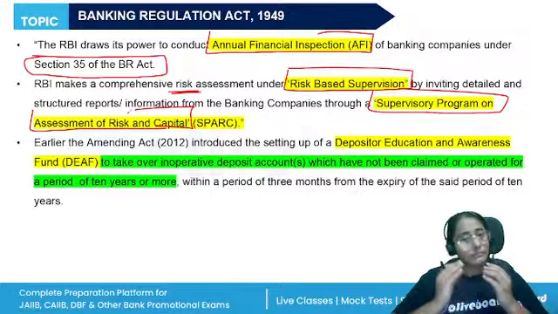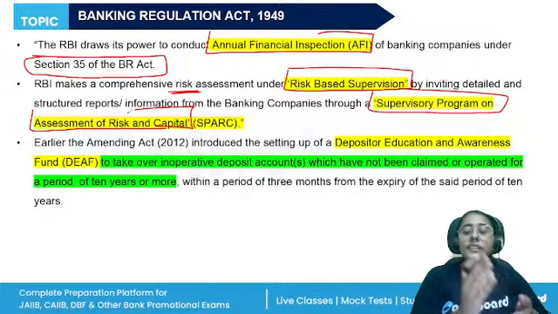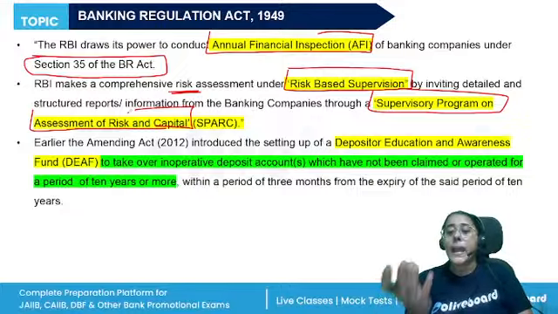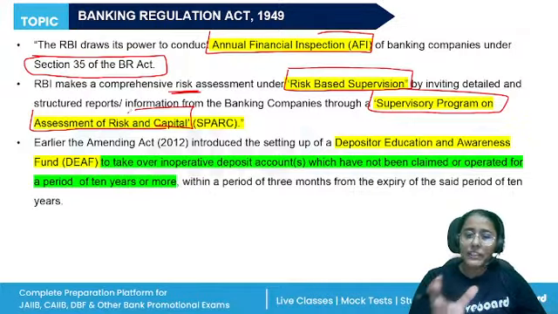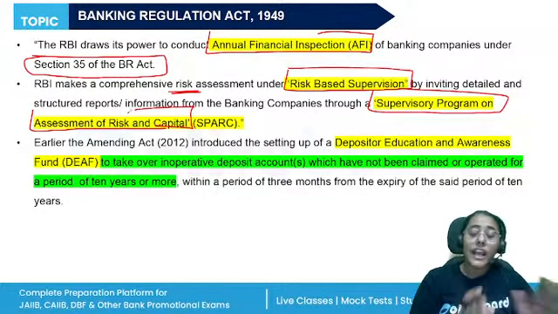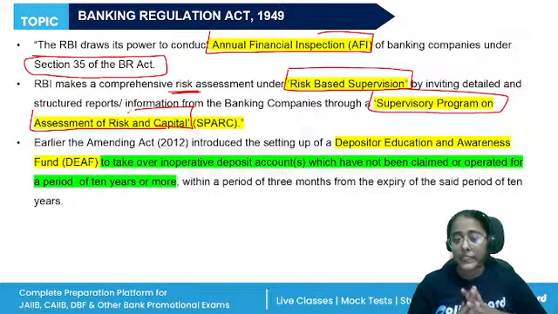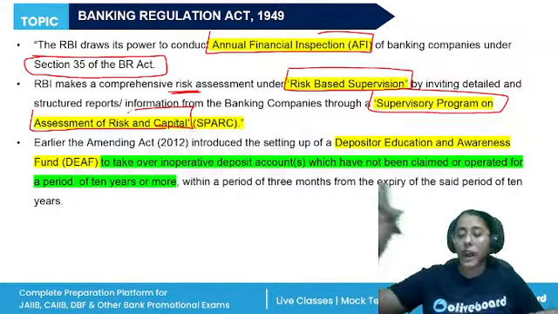Then already you would be knowing about the DEAF, the Depositor Education and Awareness Fund. Basically, all the inoperative accounts, wherever there are fixed deposits that remain unclaimed for more than 10 years, or accounts that have not been operated for more than 10 years, funds will be transferred to RBI.